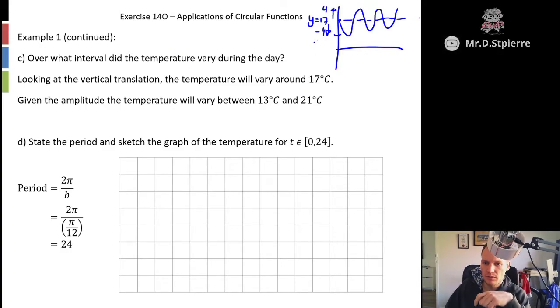Well, we know the minimum is at 13, and we know the maximum, 17 plus 4, is at 21. So, looking at the vertical translation and the amplitude, the temperature will vary between 13 degrees and 21 degrees.